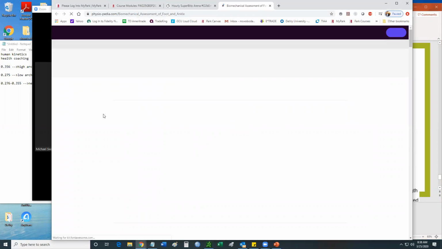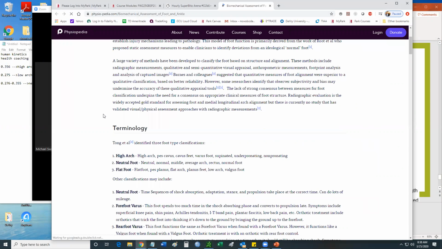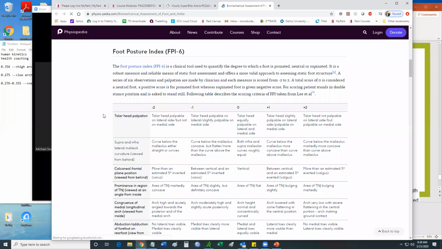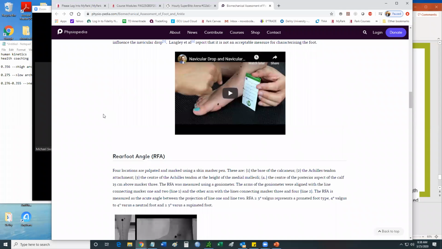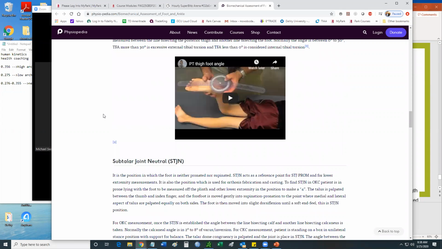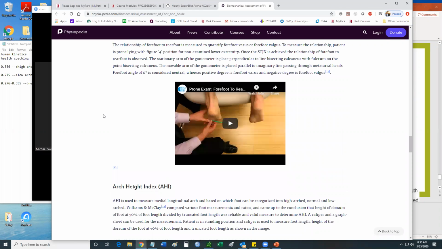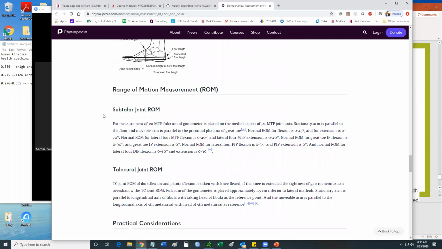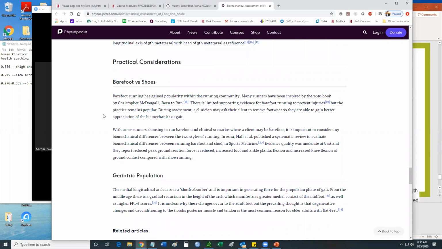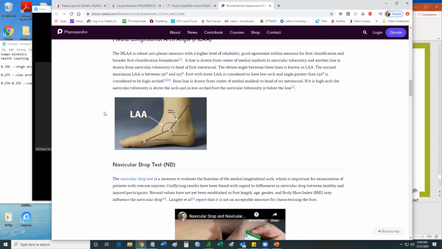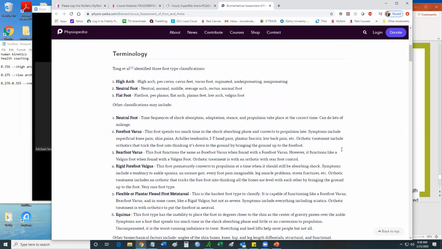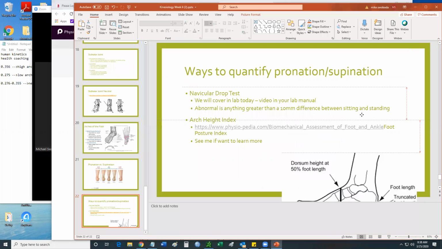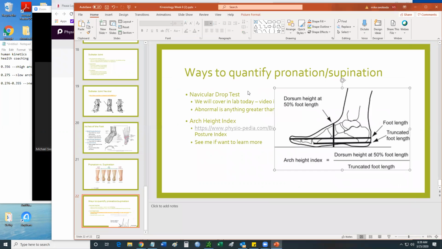It gives you everything you need, and everything you don't need too. Every single test will be on there. The two you should know are the navicular drop test and the arch height index.